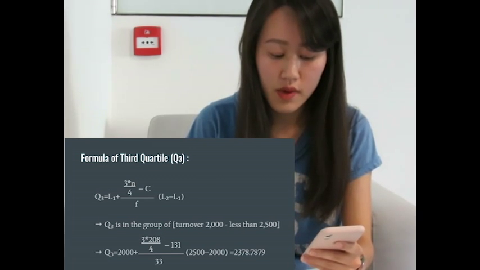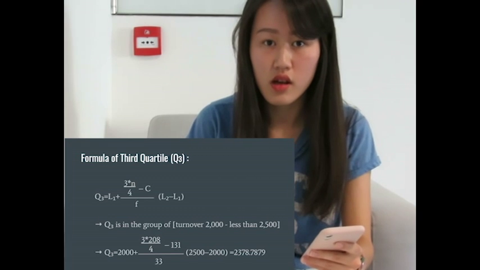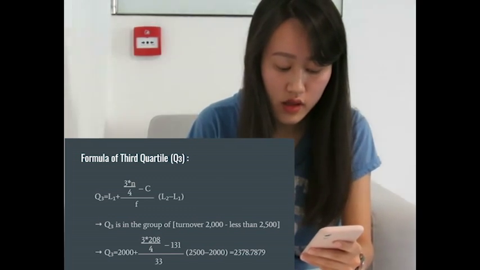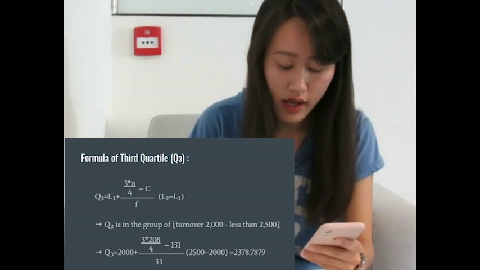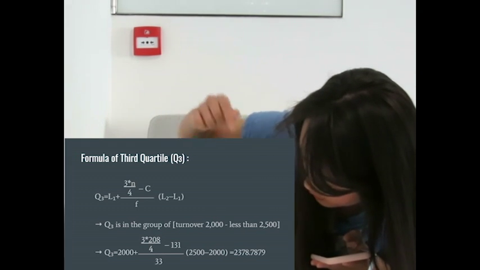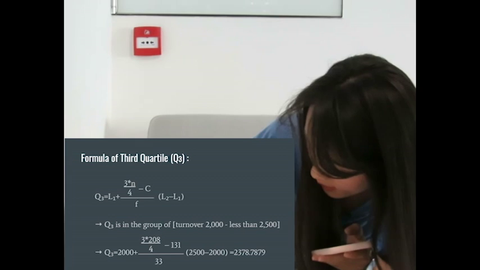So which means we have to find the third quartile. And according to the formula, we can find that the answer is 2,378.7879.